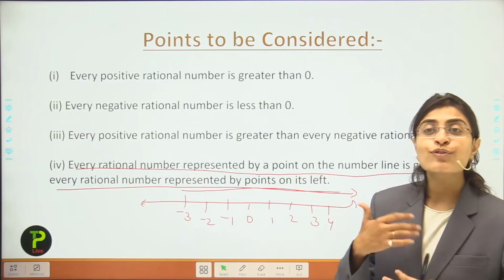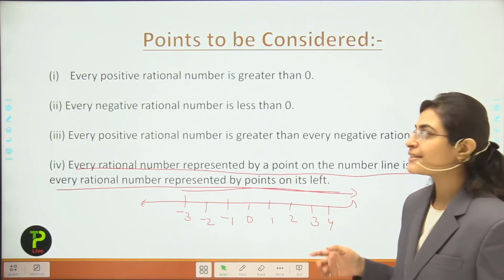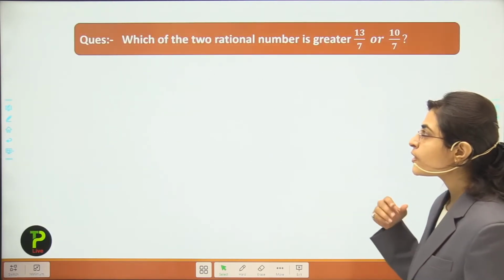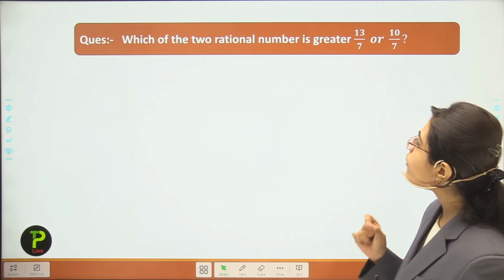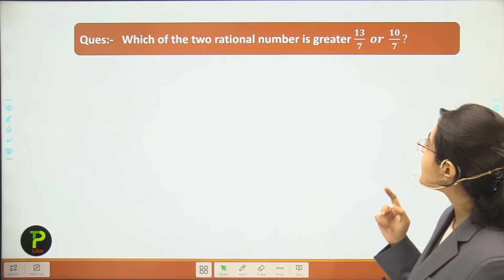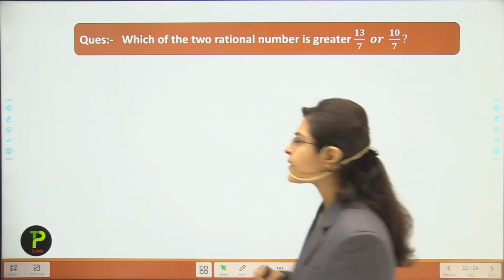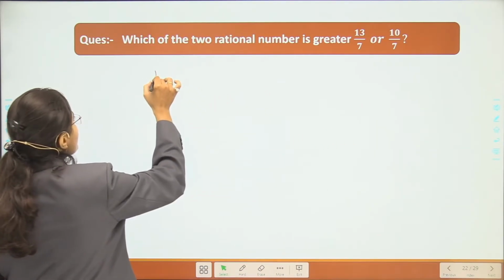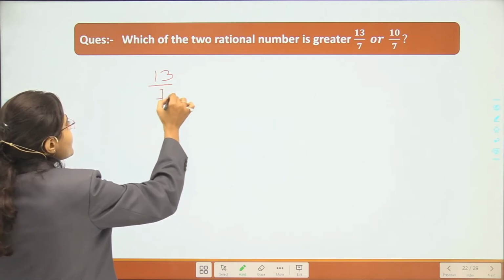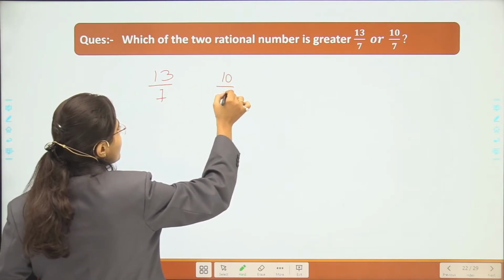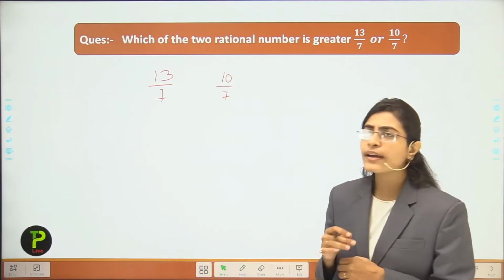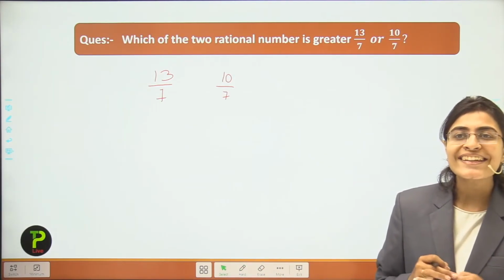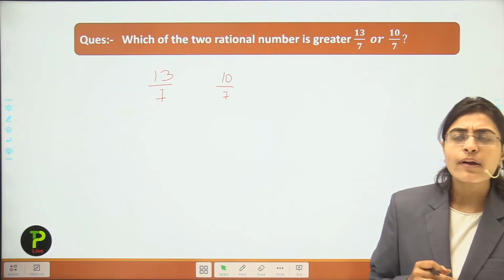Now let's move to the examples. Our first question is which of the two rational numbers is greater, 13 by 7 or 10 by 7. The denominators are already equal, so we are not required to take the LCM.